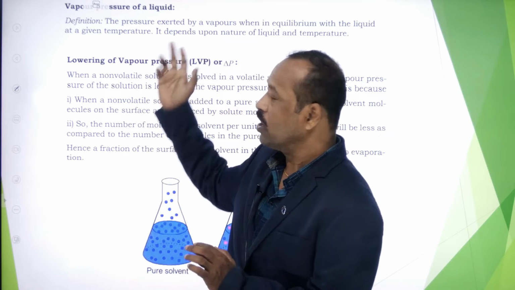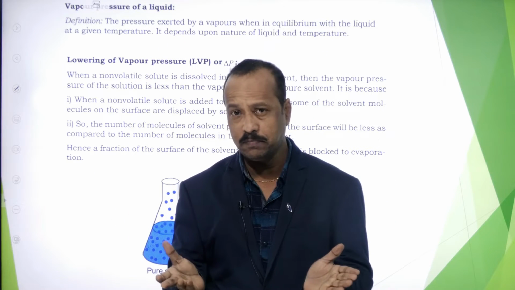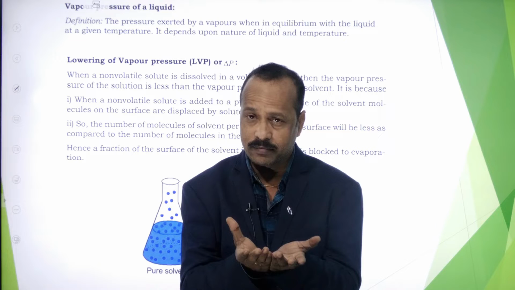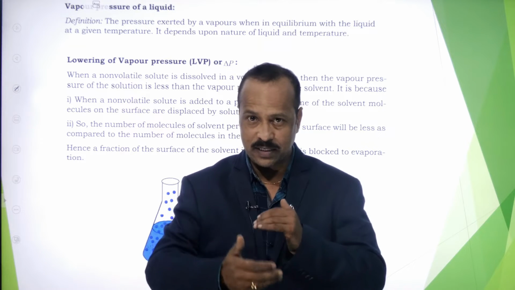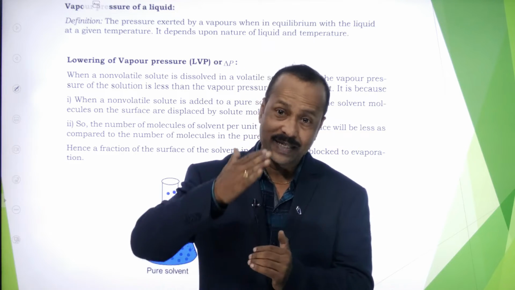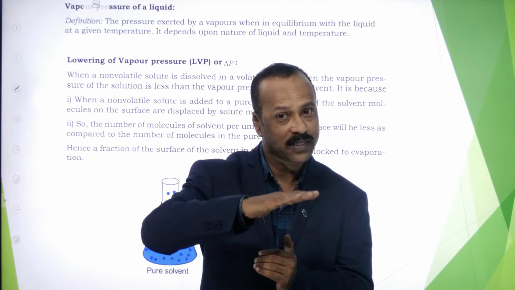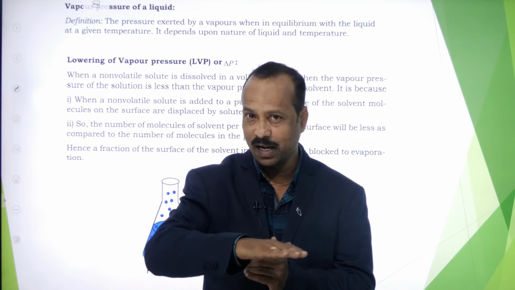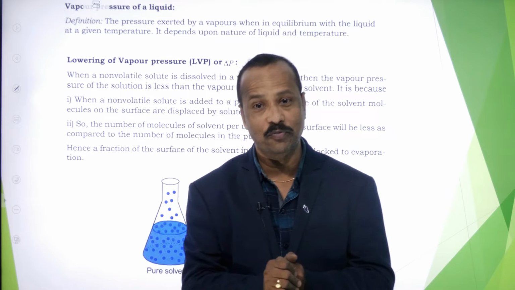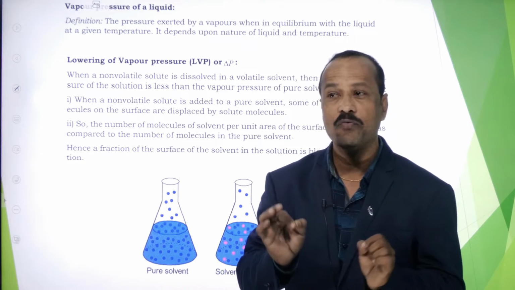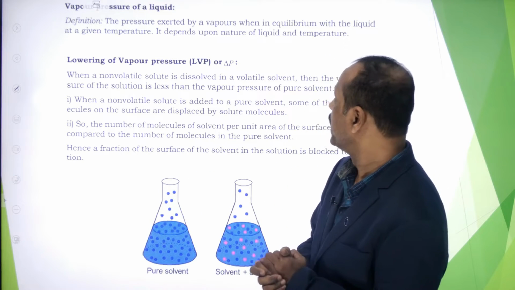It's very simple: you take one liquid and you boil it. Then it is converted to vapor. That vapor exerts a pressure on the remaining liquid. So the pressure exerted by the vapor is called the vapor pressure of a liquid.